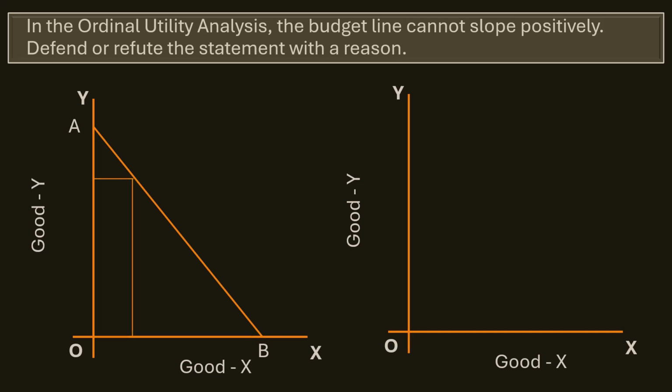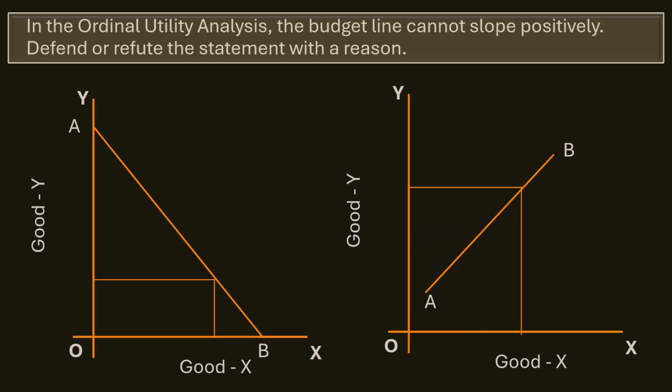A downward sloping budget line clearly shows a consumer can buy more of one good only by reducing the purchase of another good. A positive sloping budget line implies that when a consumer buys more of one good, he automatically buys more of the other good also.